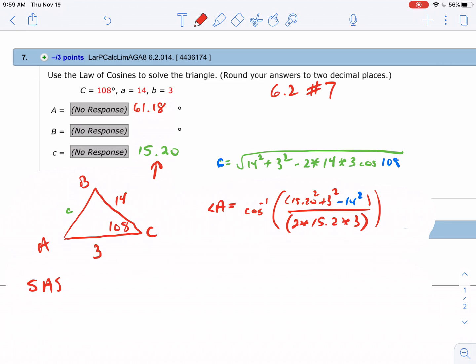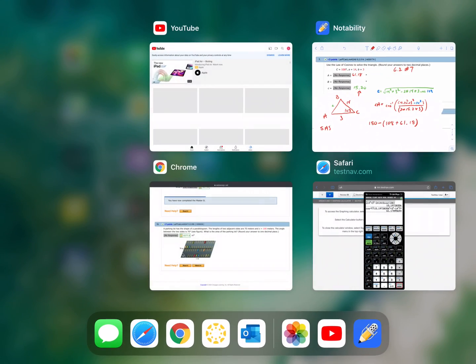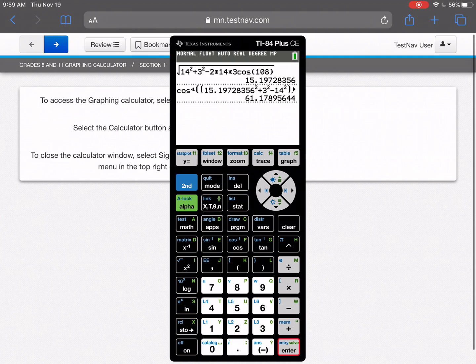And now that you have your 3 sides, you should be able to take 180 minus 108 plus that 61.18. So it was 108 plus 61.18 subtracted from 180.